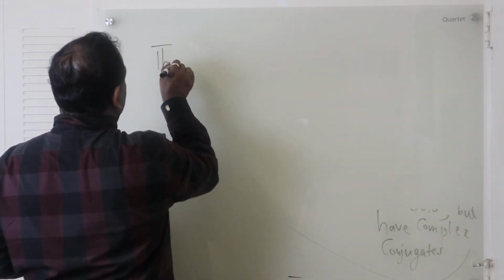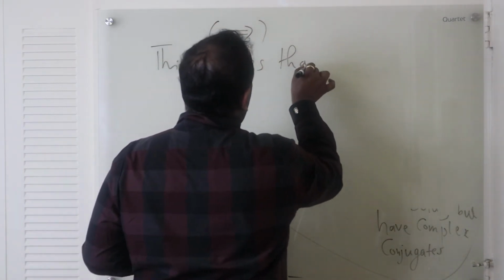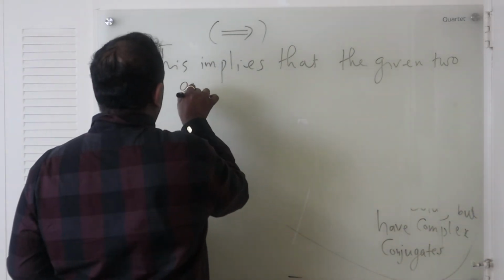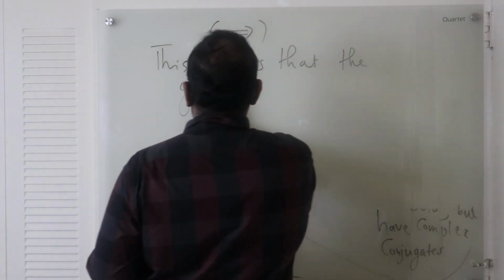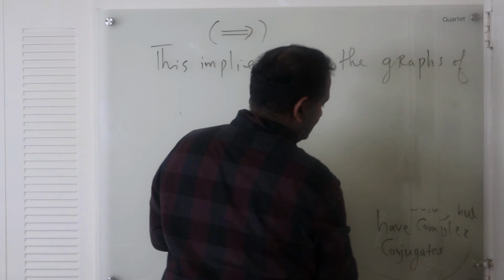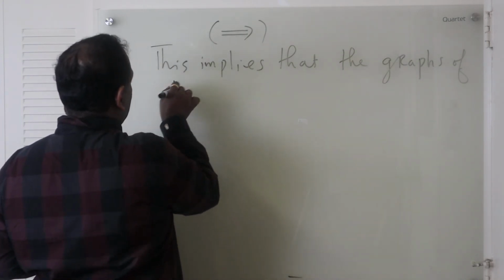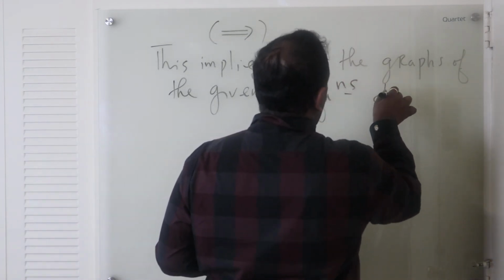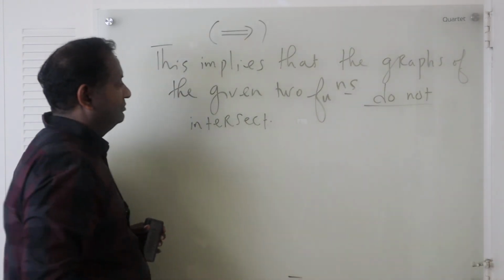This implies that the graphs of the given two functions do not intersect. They don't intersect.